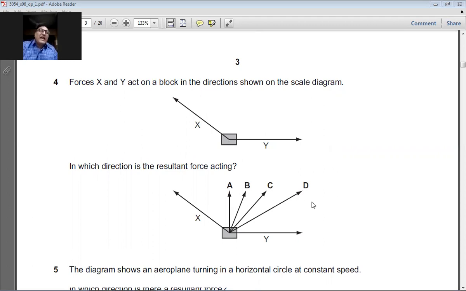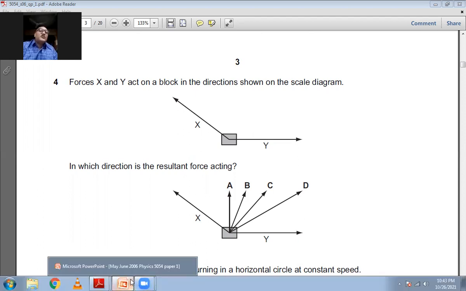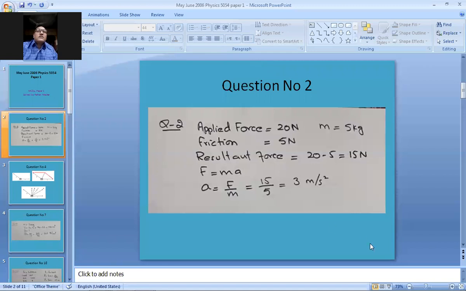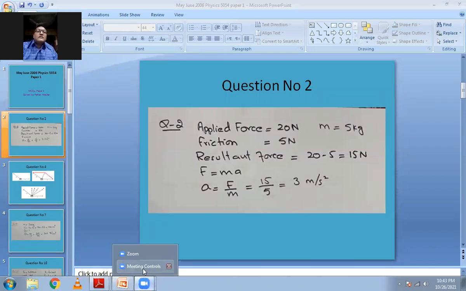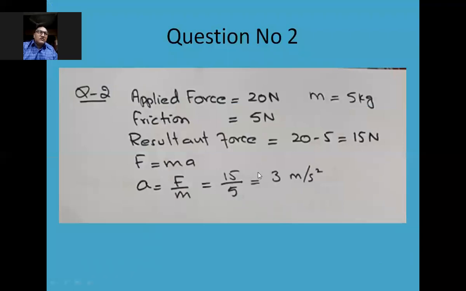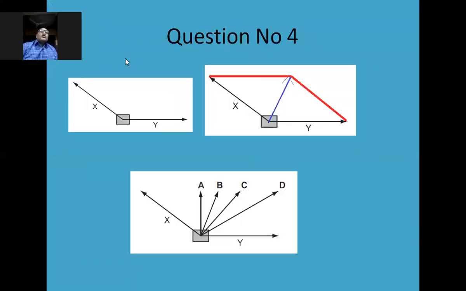So here we have 4 options. Let me show you on my work. Here you can see these are the two vectors to be added.